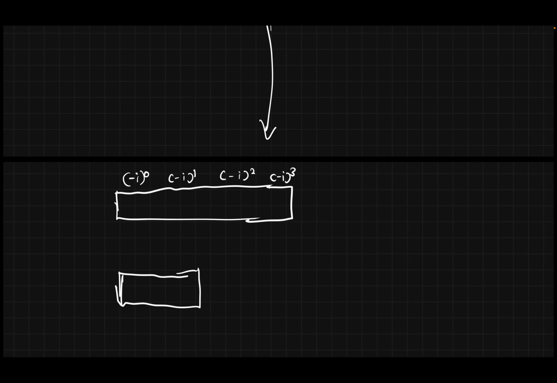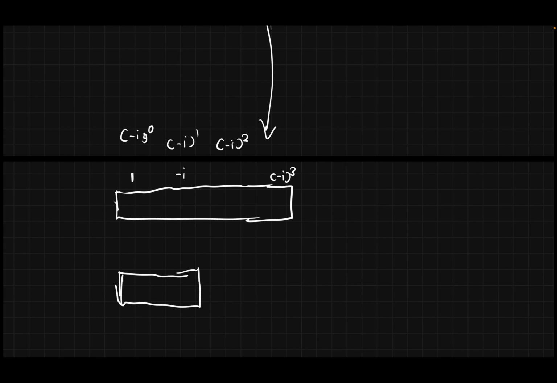Let's actually do that. What is minus i raised to the power of 0? Then what is minus i raised to the power of 1? What is minus i raised to the power of 2? i squared is minus 1, so minus i times minus i is minus 1.